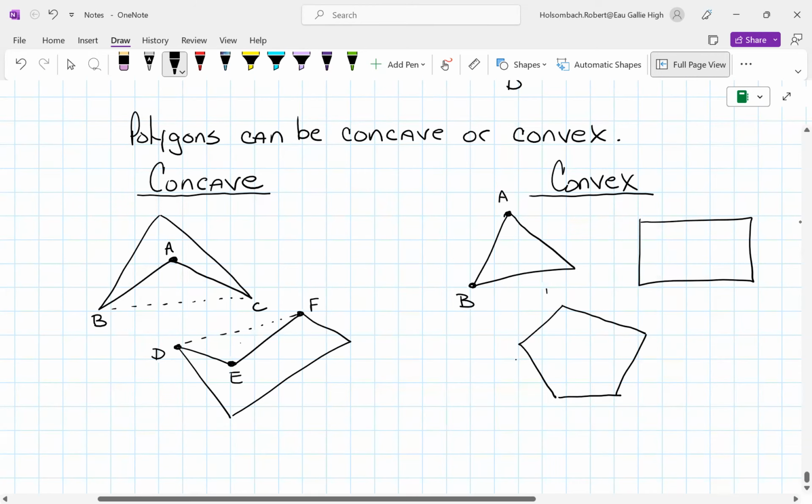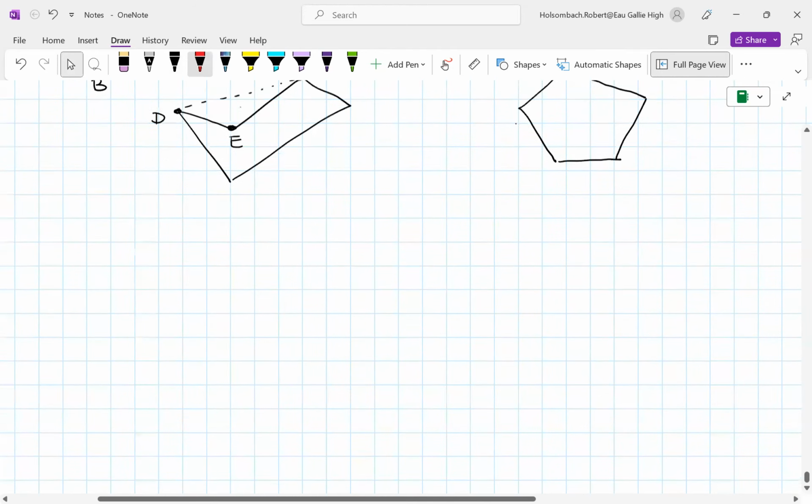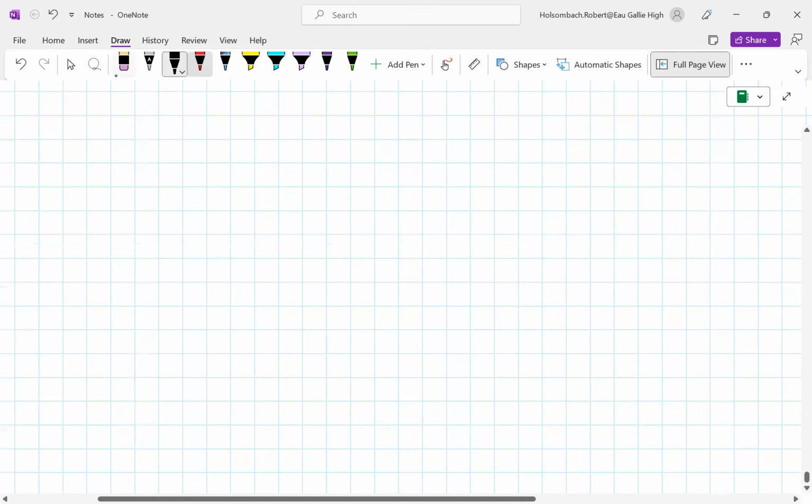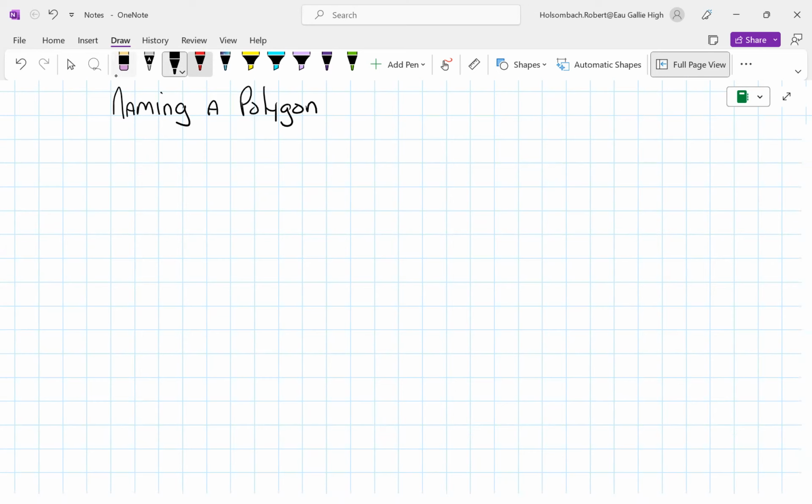All right, and then up on the top of page 57, there's some terms you need to know. How polygons are named. Naming a polygon by its number of sides.